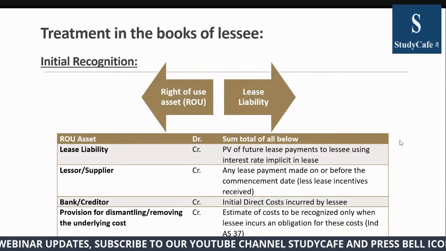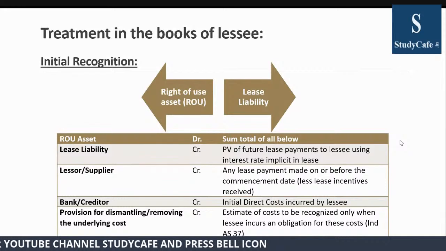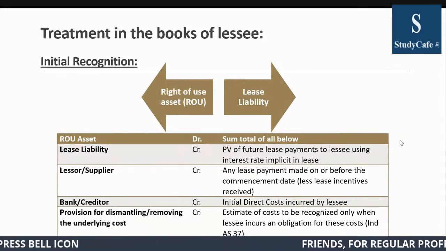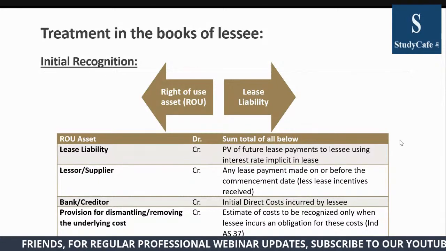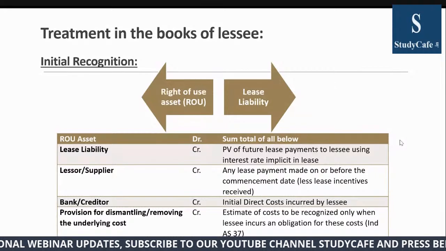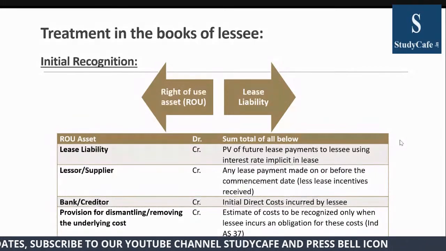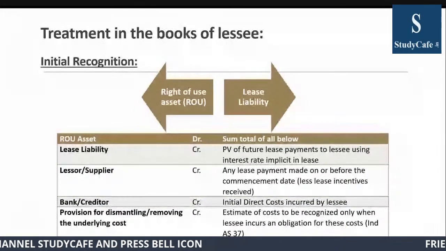And how will we calculate that cost? The lessee will estimate that future cost, discount it using the same rate that it used to calculate the lease liability, and include it in the ROU asset. So I hope the initial recognition part for the lessee is also clear. This is very simple: just an asset and a liability are required to be computed.